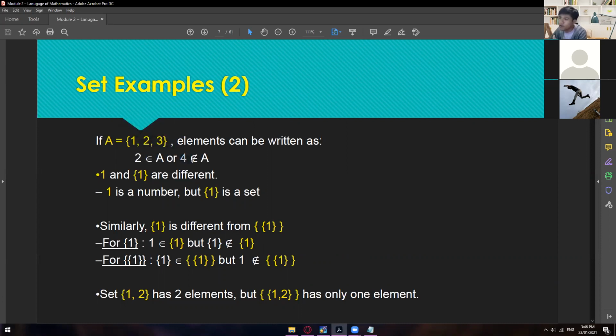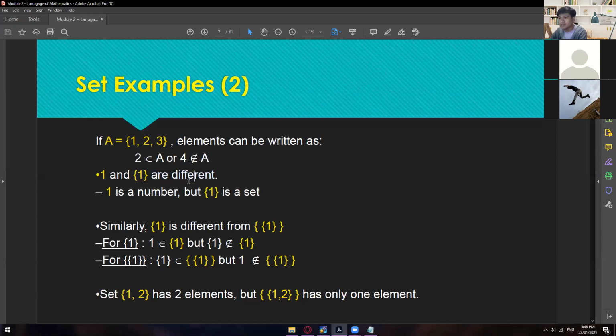But for 4, as you can see right here, this symbol means it is not an element because we cannot find this 4 inside of set A. Okay, simple as that. Another thing that you need to take note of is that the number 1 and a set wherein it contains 1 are different.